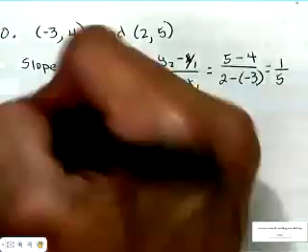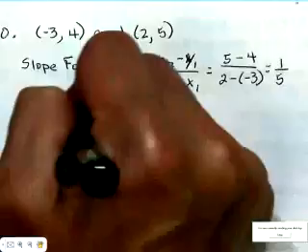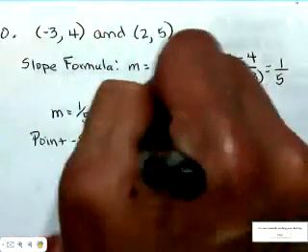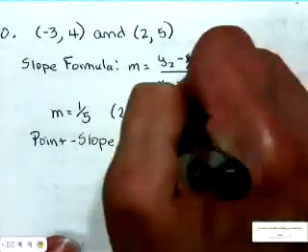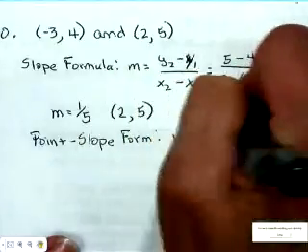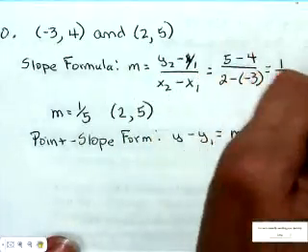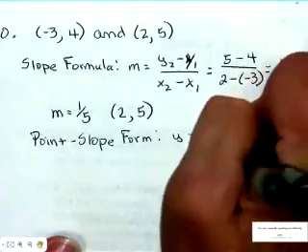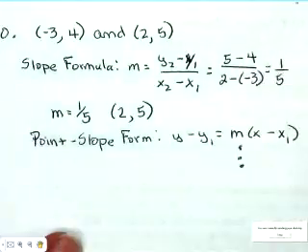I'm going to say plug that into point slope form and finish. Some of these problems I'm just going to get you started and then say dot, dot, dot, because I want to get through all my examples.